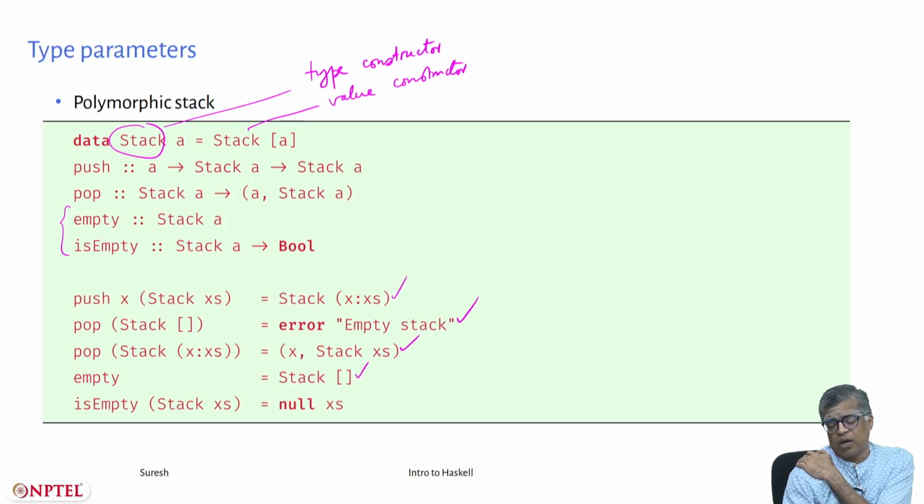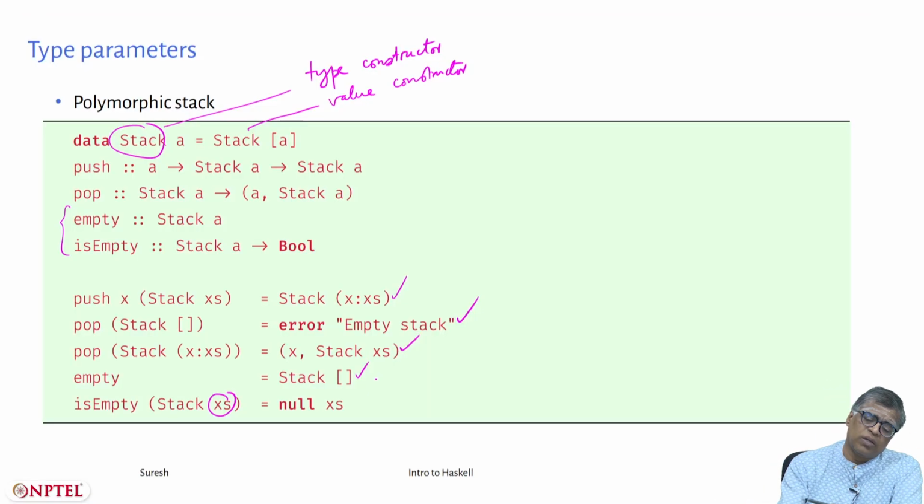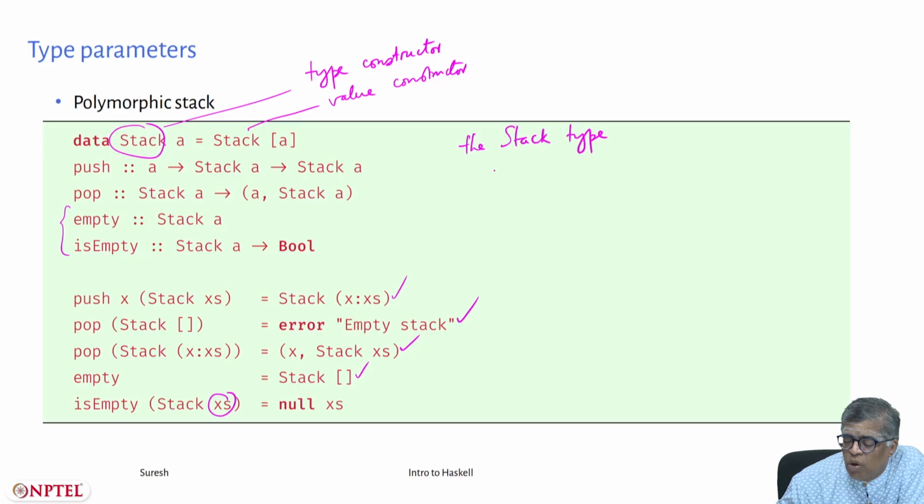Empty is just Stack empty list, you are producing the empty stack. IsEmpty checks whether the list xs is null or not. So, this is the next level. We have now tried to impose some kind of condition, so that this new stack type only allows these 4 operations.